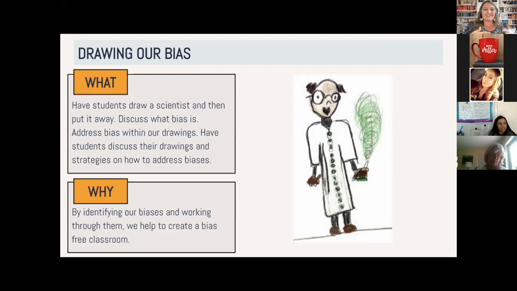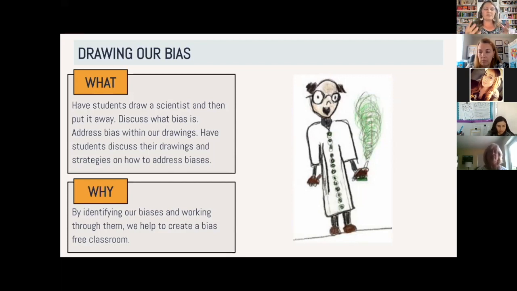So doing this activity with kids, having them fully do it and color it and do the whole thing, really brings up some beautiful topics of conversation: why do we immediately think this is what a scientist looks like? When we just saw little Ada, she broke all of those stereotypes of what a scientist would be.